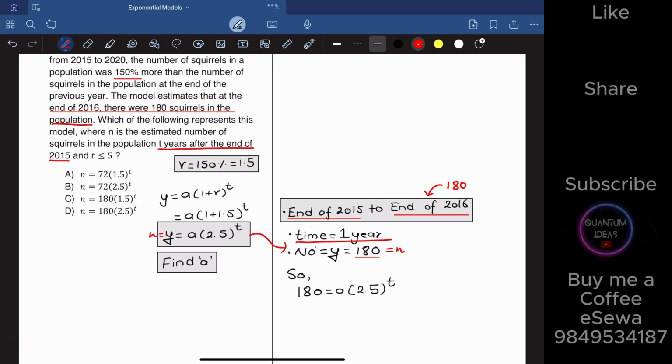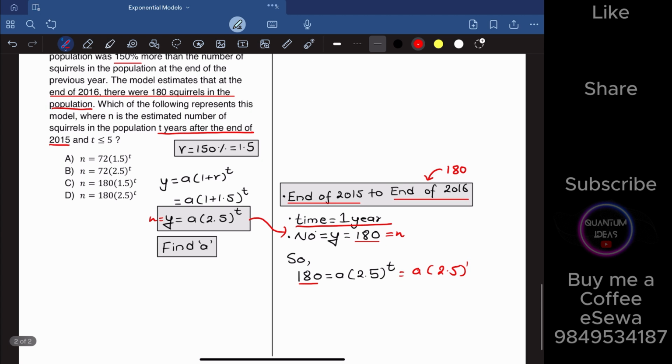The population of the squirrels was 180 at t equals 1 year, that is a times 2.5 to the power 1. Now the value of a will be simply 180 divided by 2.5, and you will get the answer as 72.